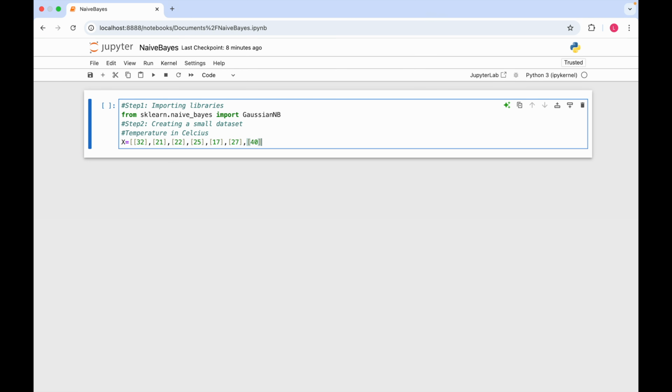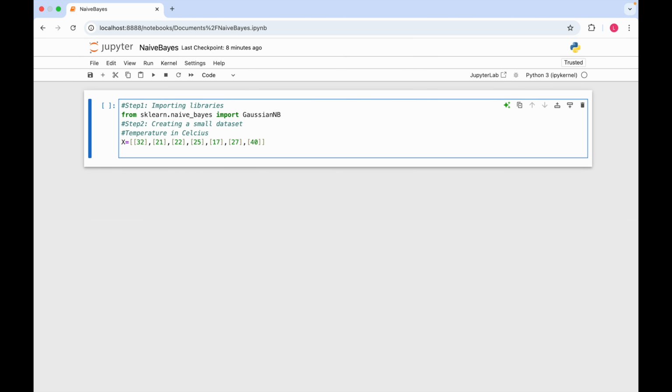Okay, this much. So these are the temperatures.